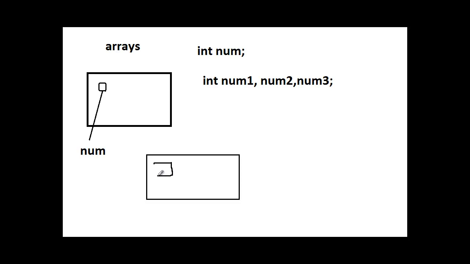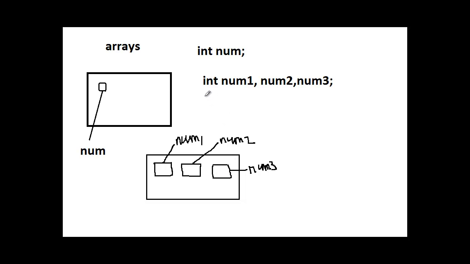One box named num1, another box num2, and another box num3 will be created. These boxes are in fact variables, and we can store values of integer type in these boxes.